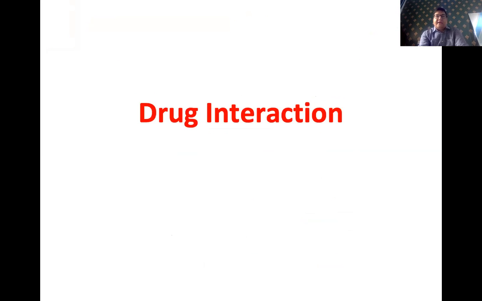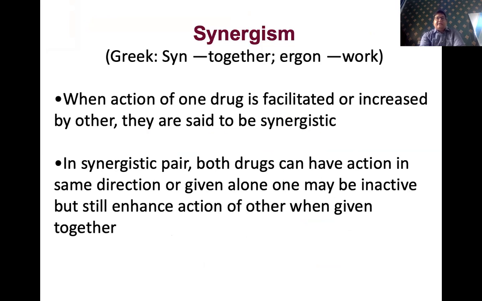So coming to the drug interactions, the drug interactions can be synergistic, where they act together. Synergism is when the action of one drug is facilitated or increased by the other. They are said to be synergistic, and in the synergistic pair, both the drugs can have action in the same direction, or given alone, one may be inactive but still enhance the action of the other when given together.